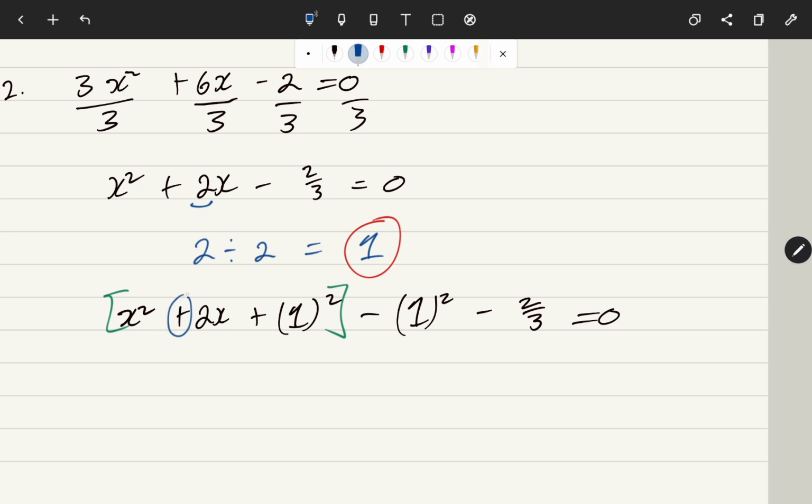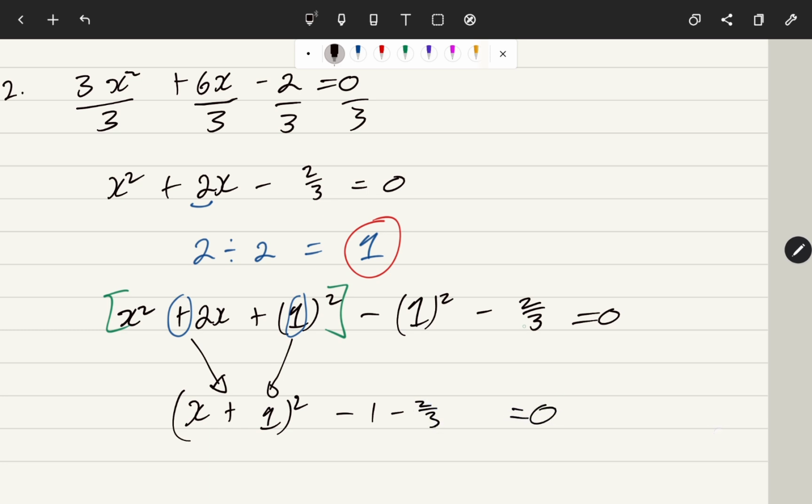The focus is just the sign here, which is plus, and the number 1, because my answer is just x plus 1. Then I have x plus 1 squared minus 1 minus 2 over 3 equals 0.